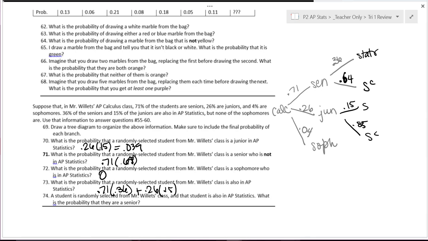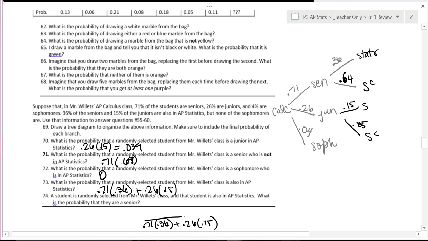A student is selected, and that student is also in AP Stats. What is the probability that they are a senior? Great. So we're looking for all of the kids in AP Stats, so that would be the number from 73, right? So 0.71 times 0.36 plus 0.26 times 0.15.